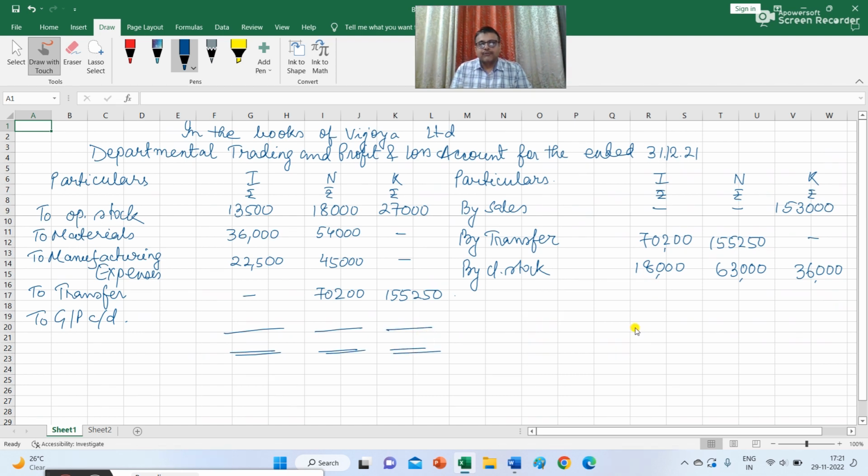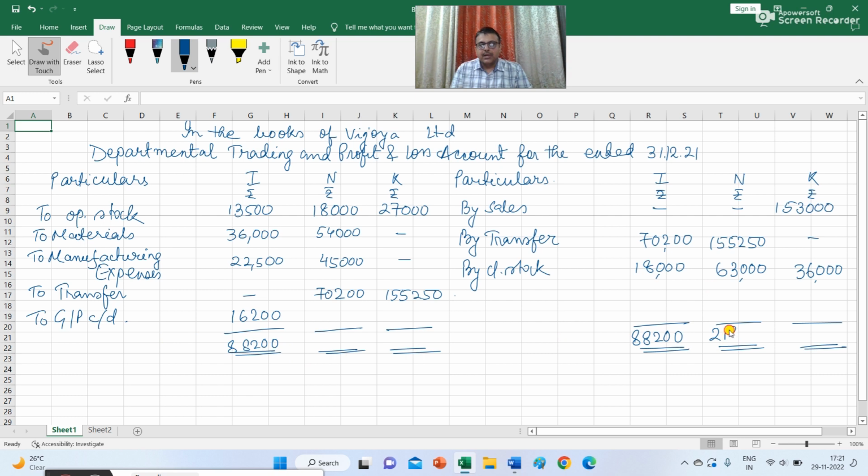First of all, we have to sum total the amount of transfer and the closing stock, and you will get 88,200 for Department I, and the gross profit will be 16,200.